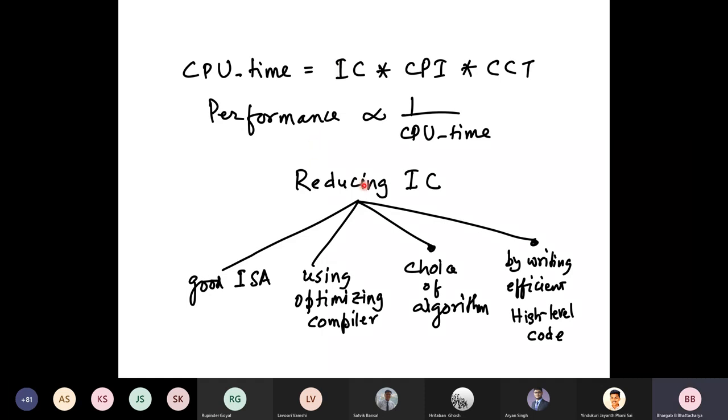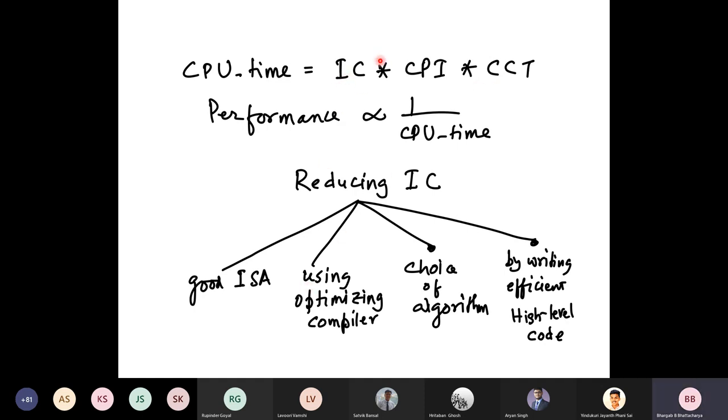If I change the instruction set architecture, the IC might reduce, right? If the instructions become a little bit complicated, then the number of instructions would reduce, right? But if the instructions become complicated, the hardware would become more complicated. Therefore, CCT might rise, CPI might also rise. So there are trade-offs, as we can see.